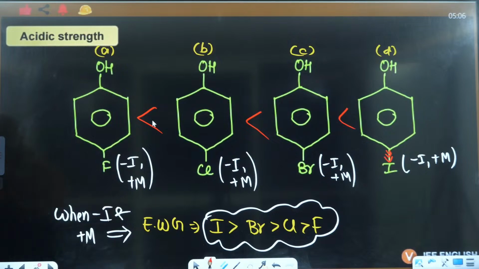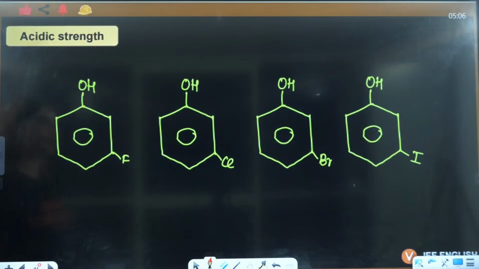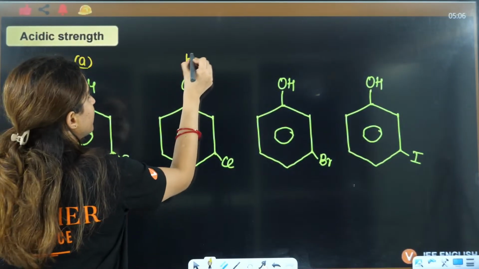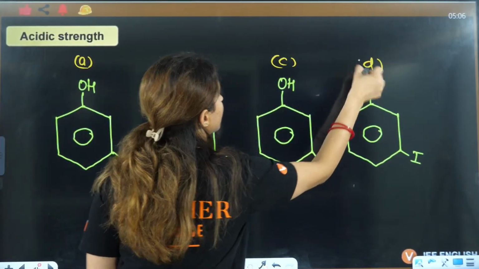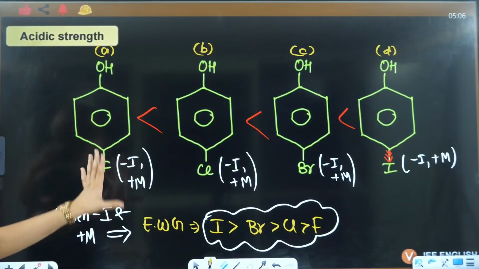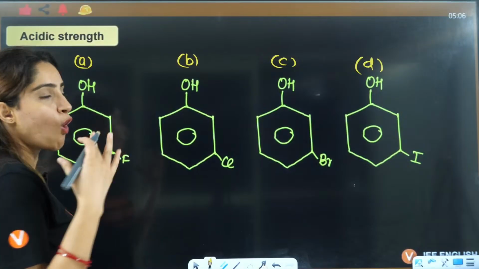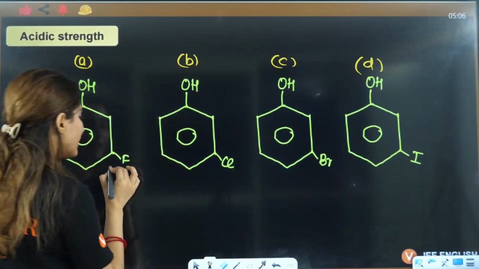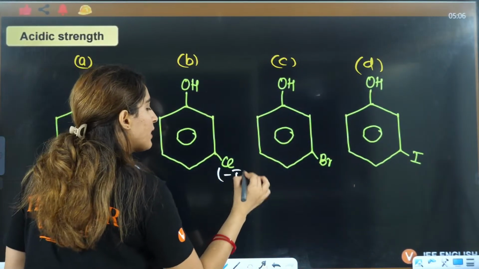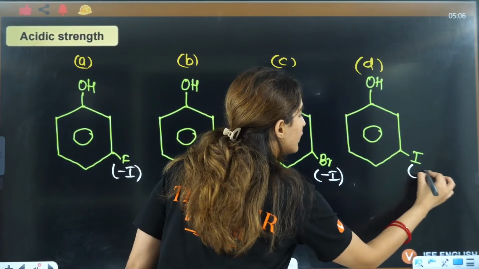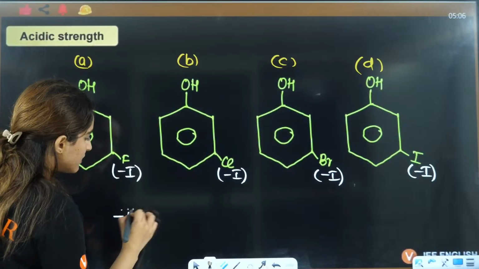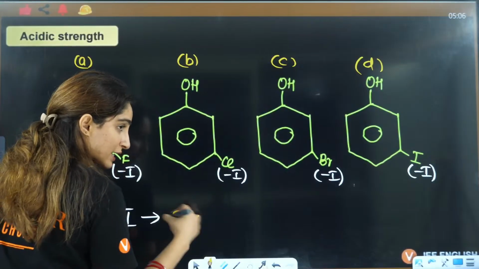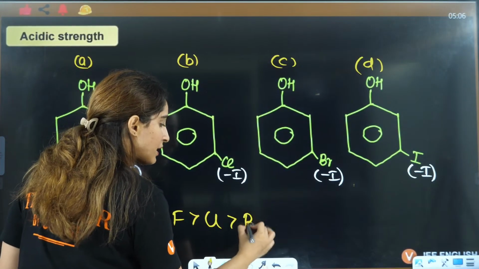Okay, now let's see the next one. Here, this is A, B, C, D. Now these two questions are in comparison with each other, because here on the meta position the mesomeric effect is never applied. So here you will have only minus I. When I talk about only minus I, fluorine has maximum electron withdrawing electronegativity, then chlorine, then bromine, and then iodine.